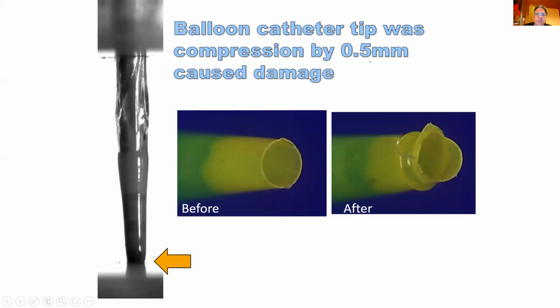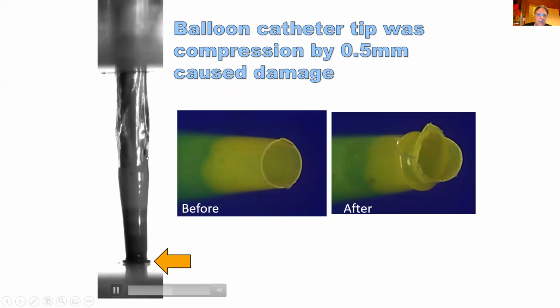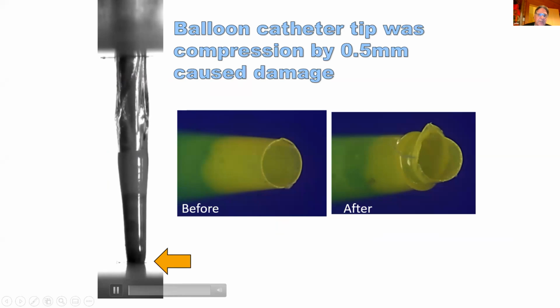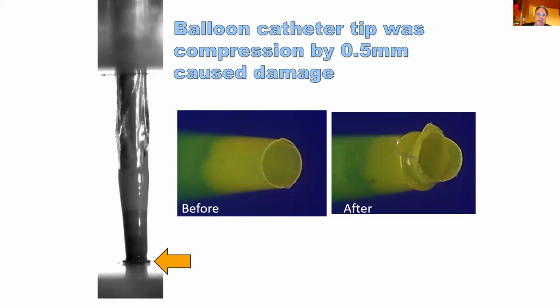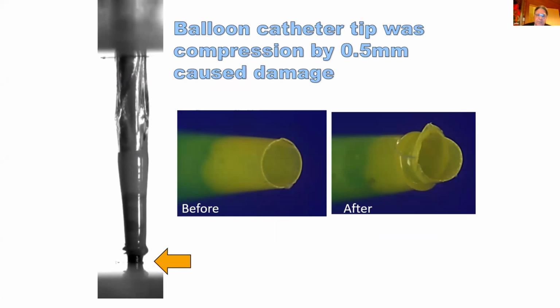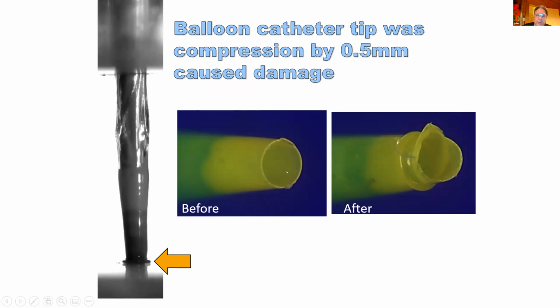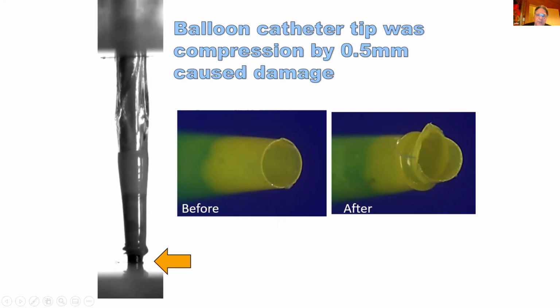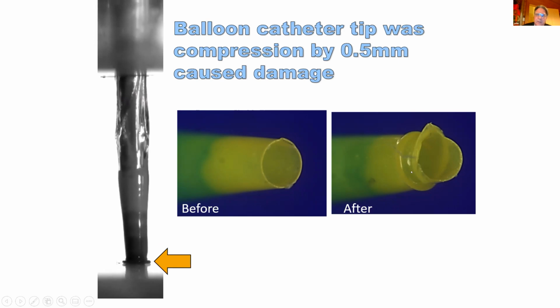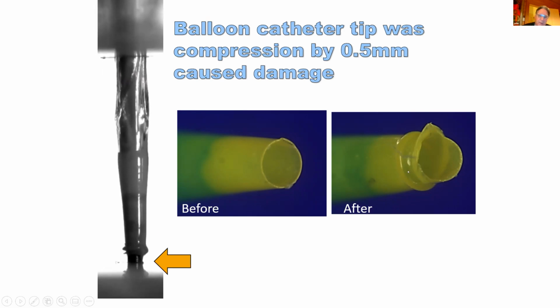Balloon catheter tip compression by 5 millimeters caused damage. So you can see here the balloon is being compressed by 5 millimeters, and this is a video going over and over again, the same picture. And here is a picture of the balloon catheter tip before, and here it is after compression with the Instron.